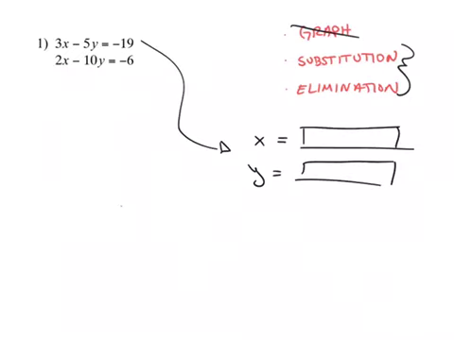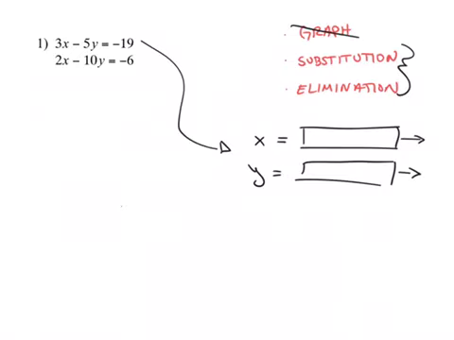So we isolate the x variable or the y variable, and then we take the expression we found for that variable, and we plug it back in or substitute it back in to the other equation to create a one-variable equation that we can then solve. Okay? So I have to solve one or the other equation for x or for y.